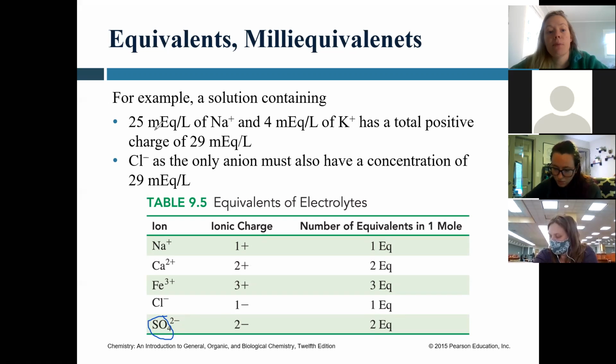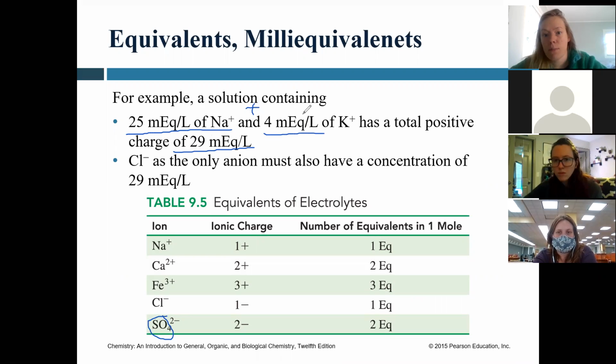So if we look at an example here, if I've got a solution and it contains 25 milliequivalents per liter of Na plus and 4 milliequivalents per liter of K plus, we would say that the total charge is 29 milliequivalents per liter, or you add the 2 individual amounts together. In an electrolyte solution that you're administering to a patient, you don't always just give them sodium.